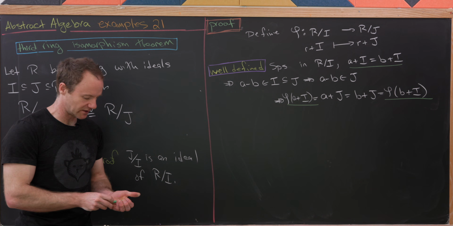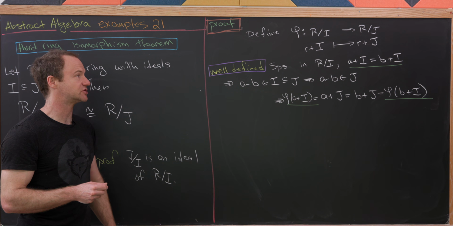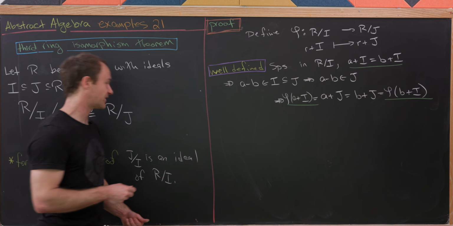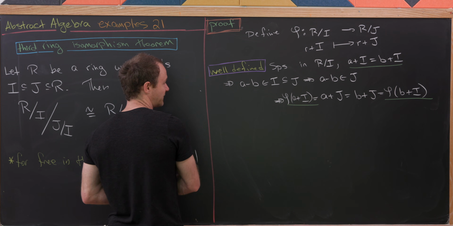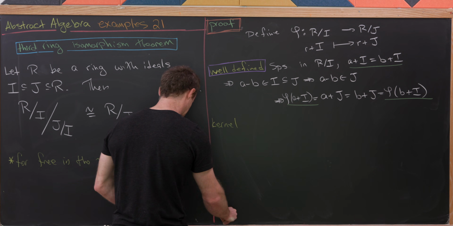Okay, so this is well defined. Now it's kind of clearly an onto ring homomorphism, so we won't even worry about that. We'll just find the kernel and that'll finish it all off because we can apply the first isomorphism theorem again.